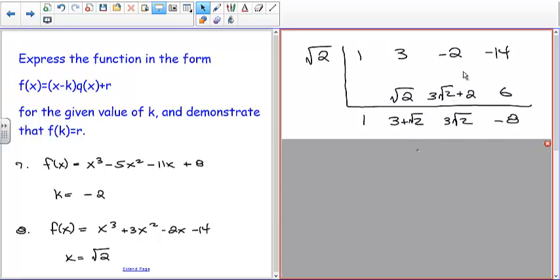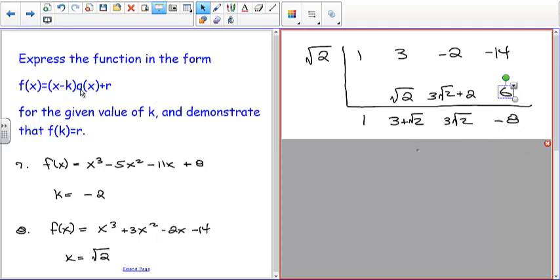When you add the two terms that don't involve the radical, you have -2 plus 2, so those cancel out, and you're left with 3 times the square root of 2. Then you multiply the square root of 2 times 3 times the square root of 2. The square root of 2 times the square root of 2 is 2, so 3 times 2 is 6. And then we add -14 plus 6, which gives you -8.